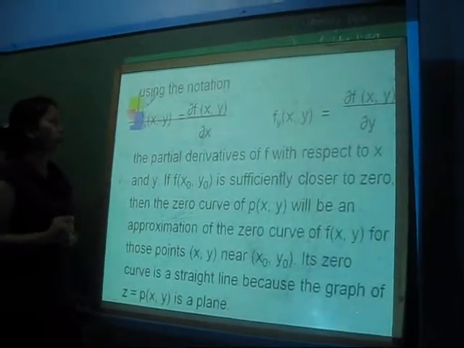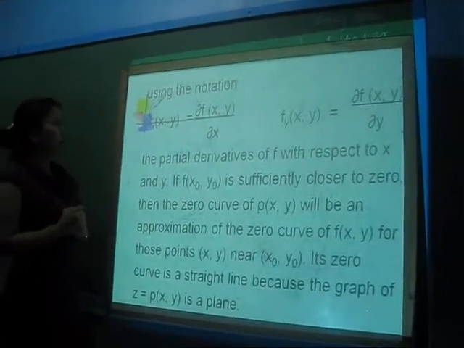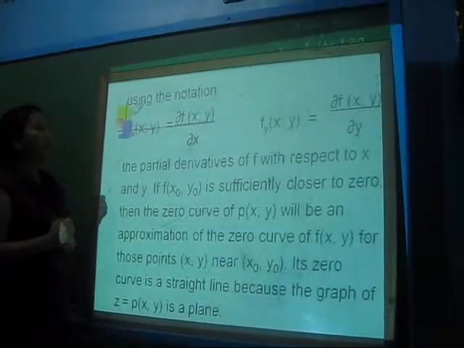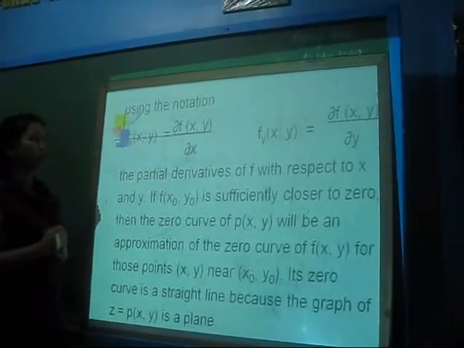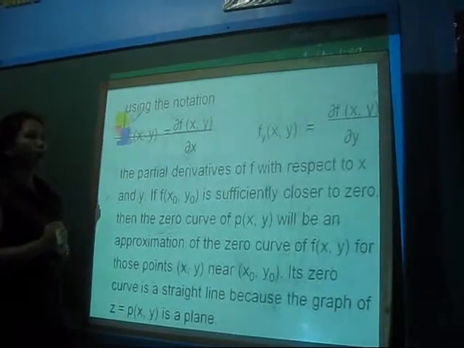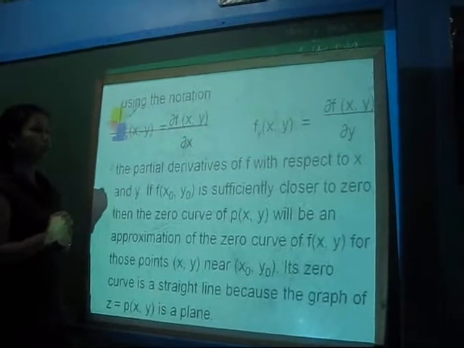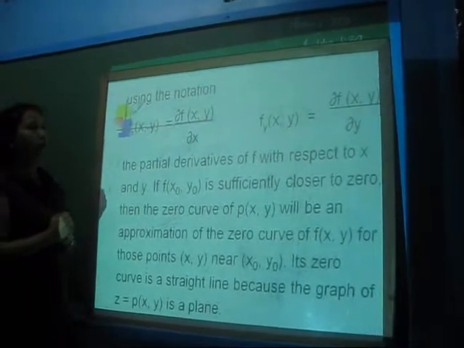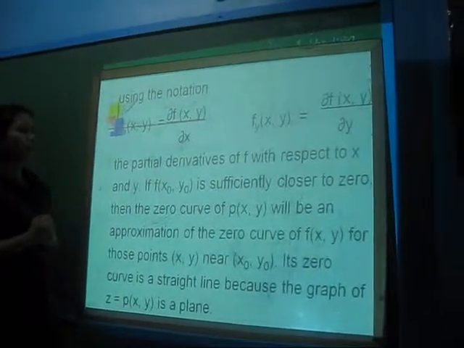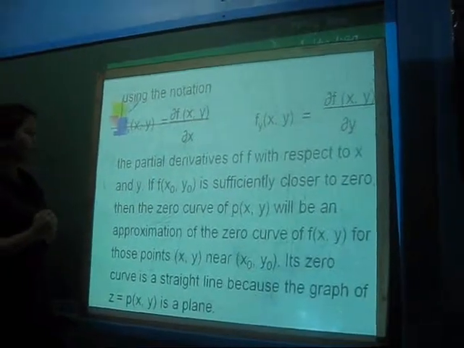Using the notation, f sub x of x and y is equal to the partial derivative of f of x and y over the partial derivative of x, and then f sub y of x and y is equal to the partial derivative of f of x and y over the partial derivative of y. These are the partial derivatives of f with respect to x and y.